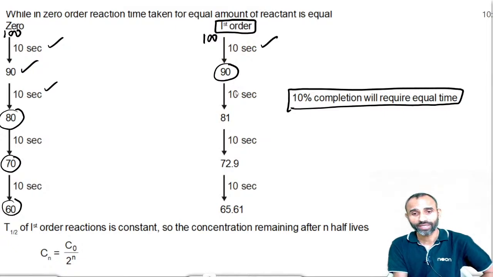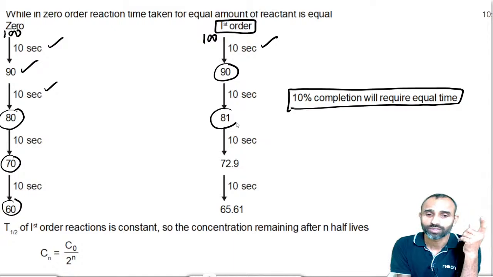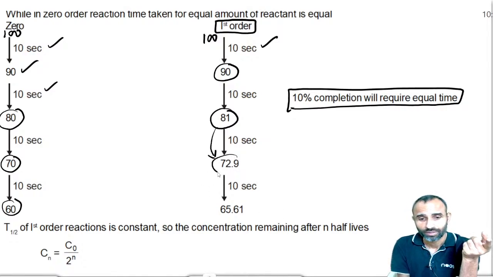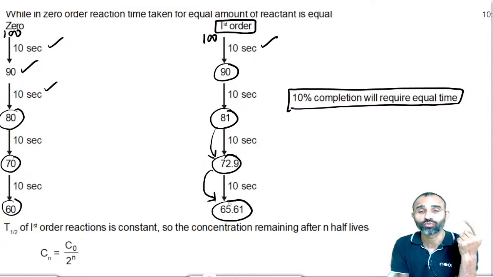90, 10% of 90 is 9, comes 81. And again, the decrease of 10% of 81 gives 72.9.